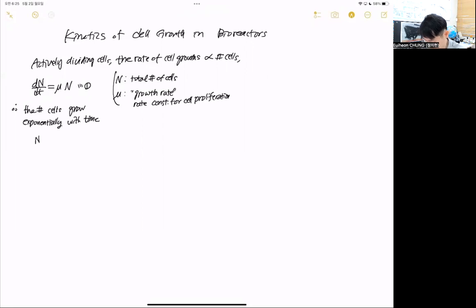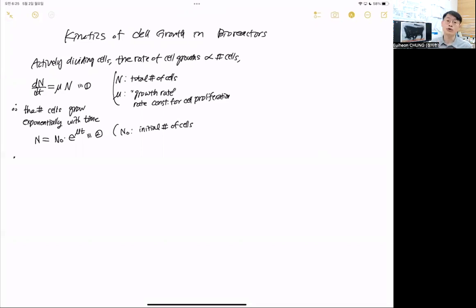So you can see that if you differentiate, it becomes itself, an exponential. So you can write n equals n0 e to the mu t. Let's put it as this. Here I define n sub 0 as the number of cells at time 0, so that is the initial number of cells.